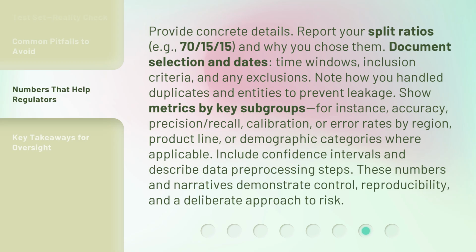Show metrics by key subgroups, for instance, accuracy, precision/recall, calibration, or error rates by region, product line, or demographic categories where applicable. Include confidence intervals and describe data preprocessing steps. These numbers and narratives demonstrate control, reproducibility, and a deliberate approach to risk.